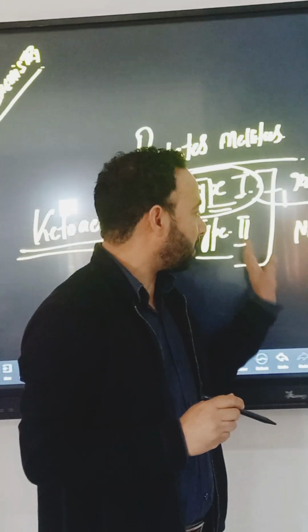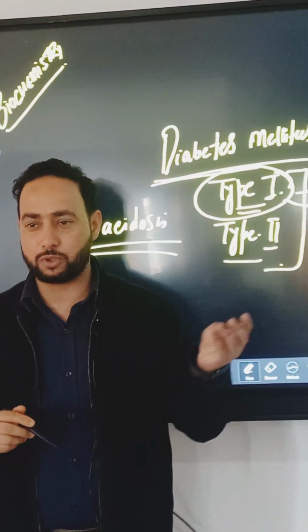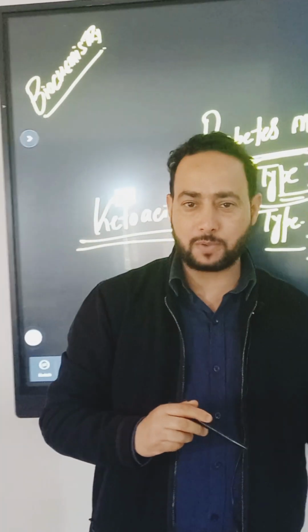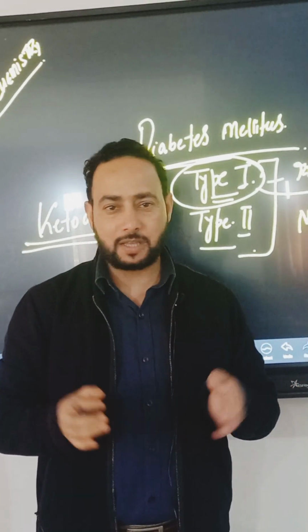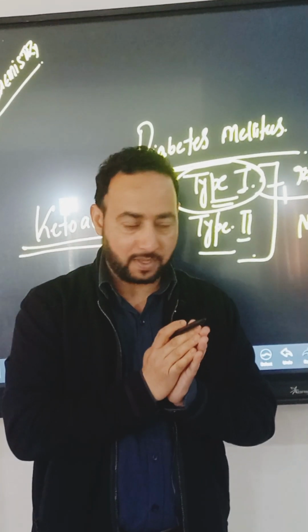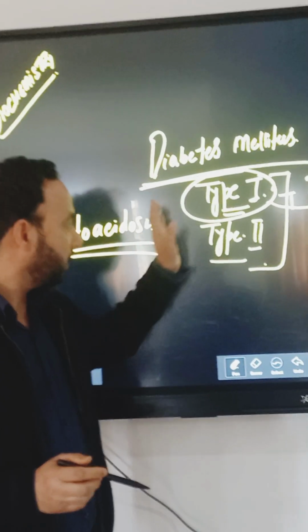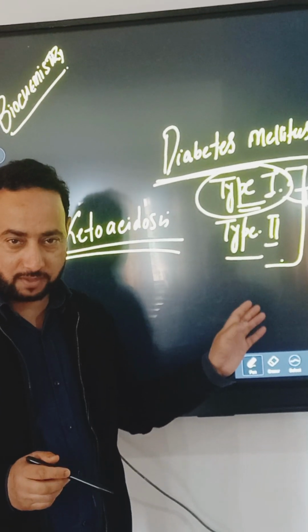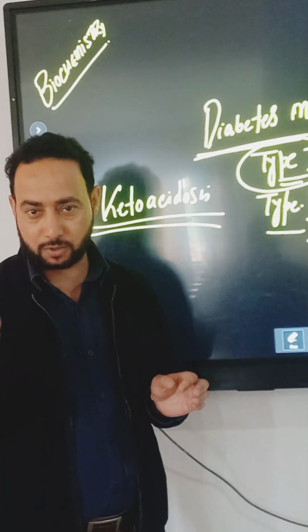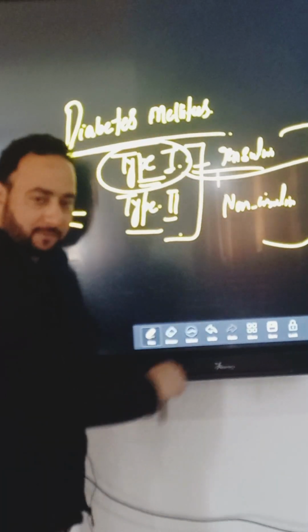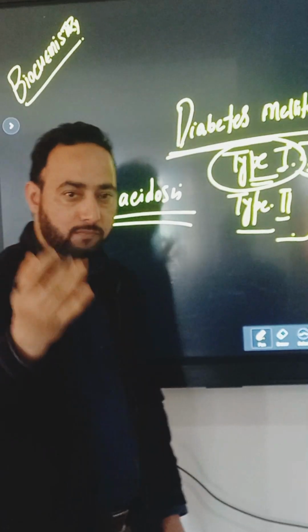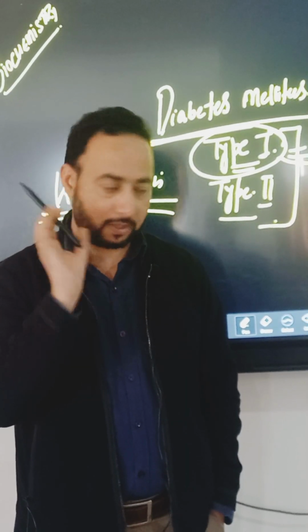You know that the normal metabolism of our body goes with metabolism of carbohydrates, lipids, proteins, nucleotides. They all provide us the energy. But the principal component which provides us the energy is glucose. When there is type 1 diabetes mellitus, there is absolute or total deficiency of insulin.